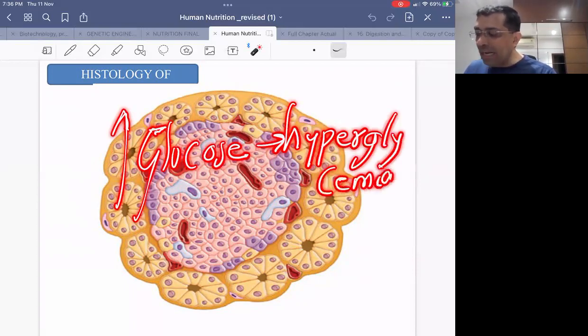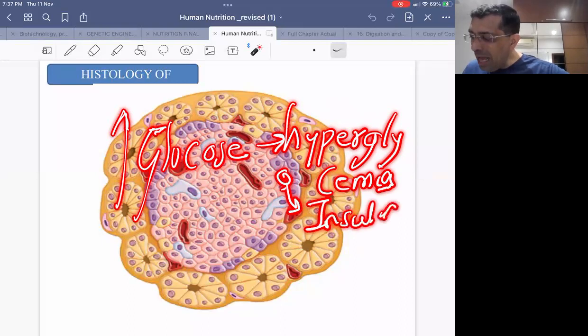And hyperglycemia ho jata hai, sugar levels become high. Now immediately the beta cells will give out insulin, and insulin will go into blood, and via blood insulin will act on your liver.